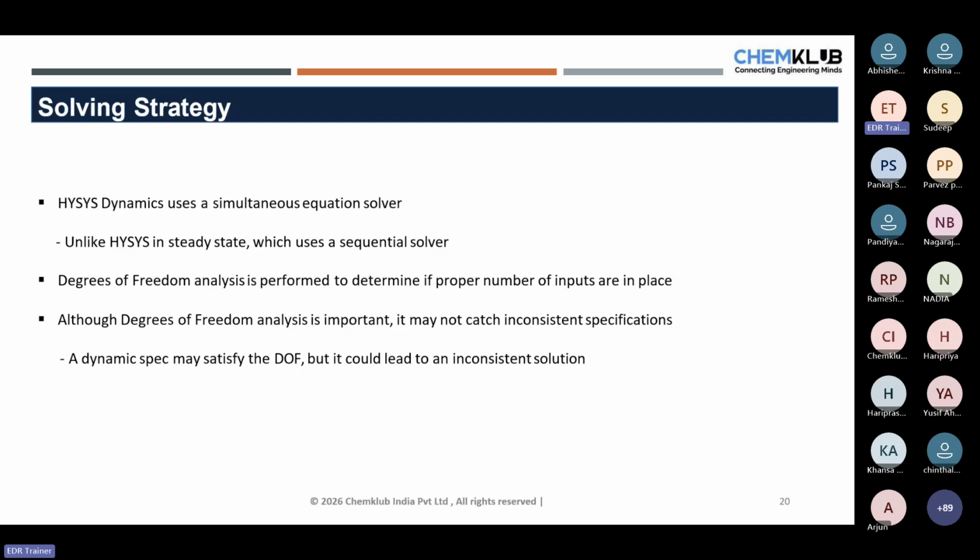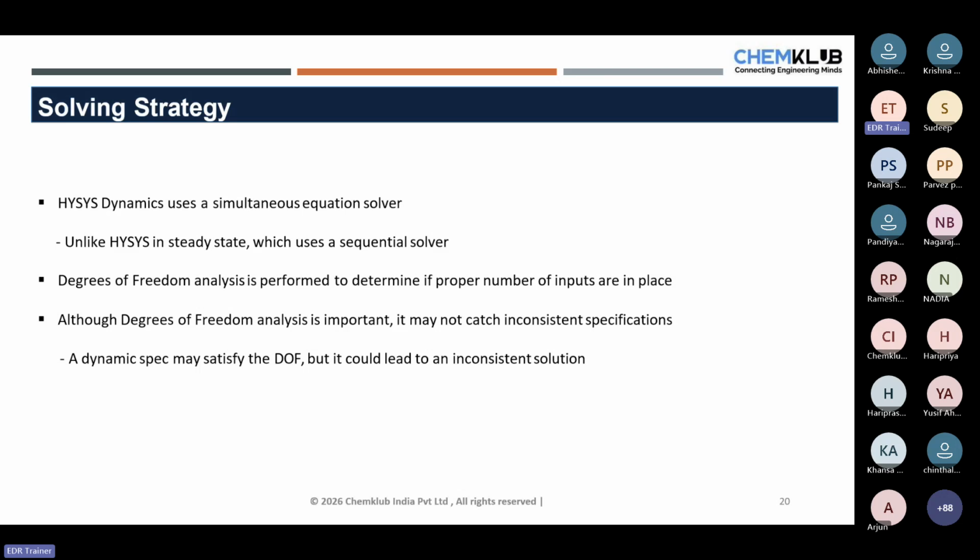Degrees of freedom analysis is used to verify whether the model has sufficient specification. However, degrees of freedom satisfaction alone does not guarantee correct modeling. This is also an important point. You may still have physically inconsistent specifications, unrealistic hydraulic behavior, or improper pressure relationships.